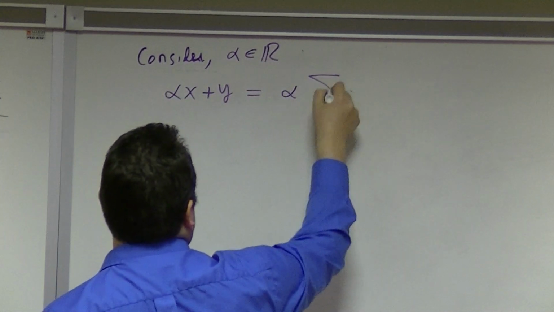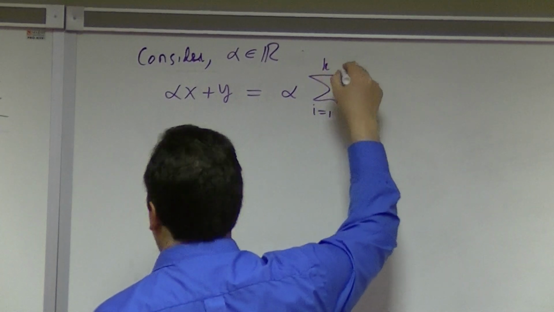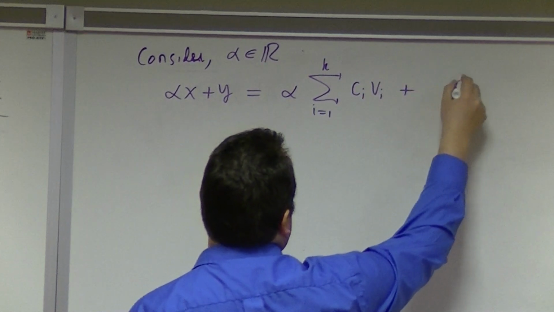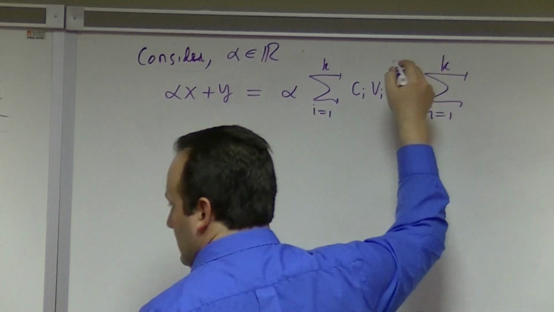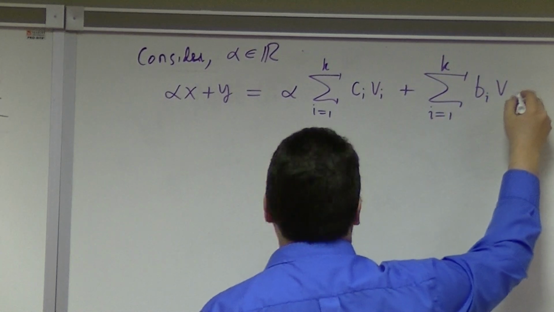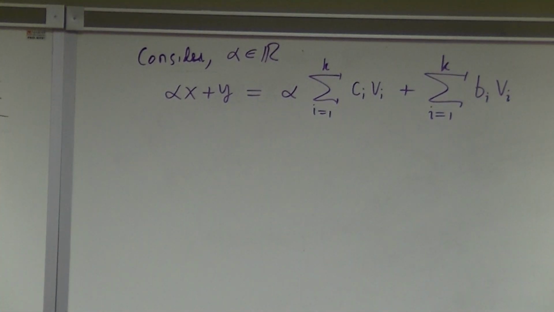We have alpha times the sum i equals 1 to k of ci vi plus, and I used a j, but I might as well just use an i, the sum i equals 1 to k of bi vi. That doesn't matter. You can either use i or j. It's the same set of vectors. That's just notation. I could have put an i here to start with. It wouldn't have made anything different.